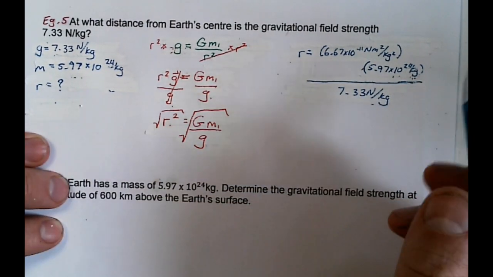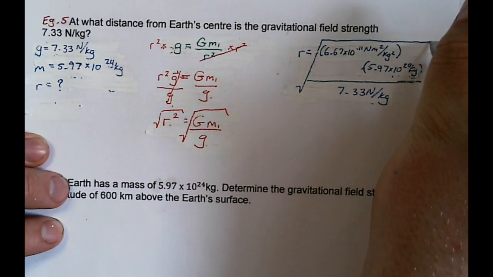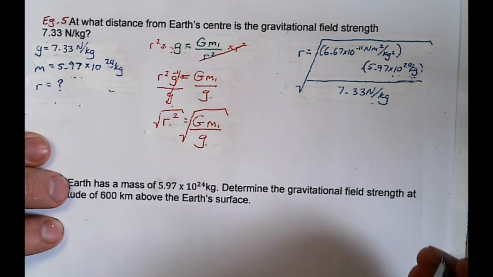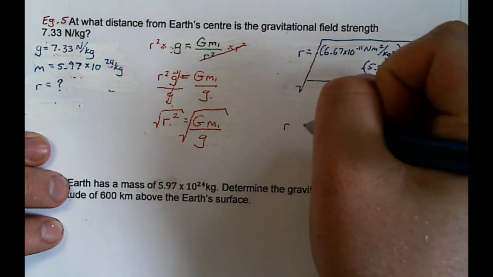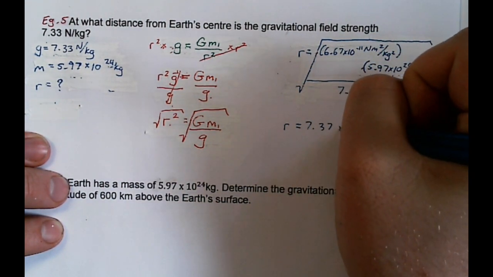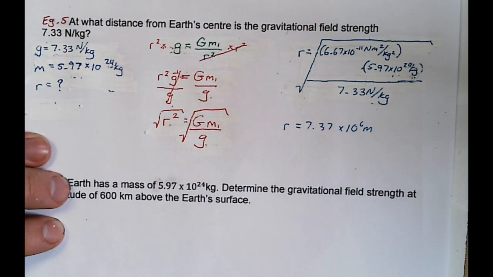Remember, we need to take the square root as well. Once you plug that all into your calculator and solve, you're going to find that you are 7.37 times 10 to the 6 meters from the Earth's center.